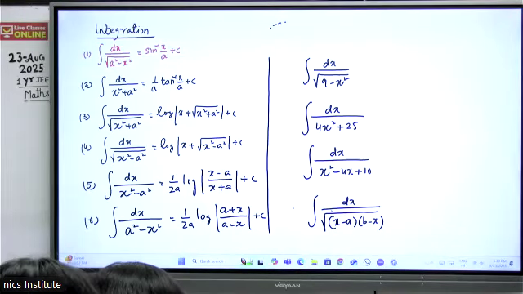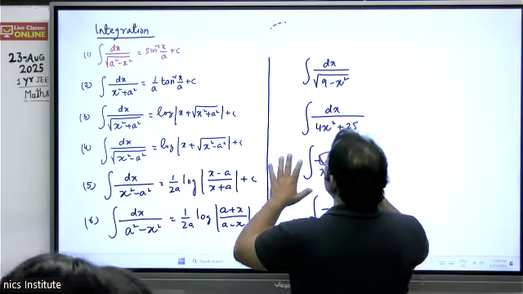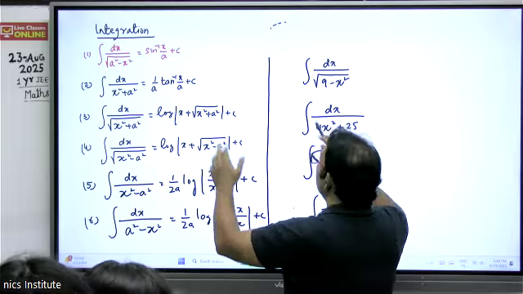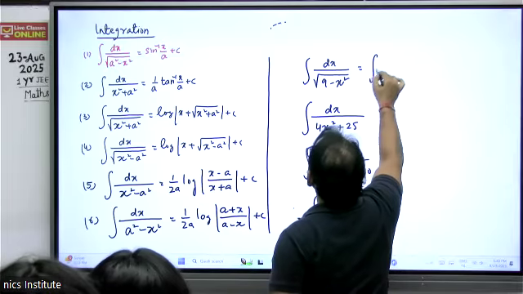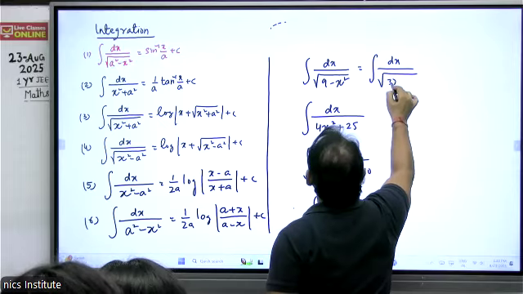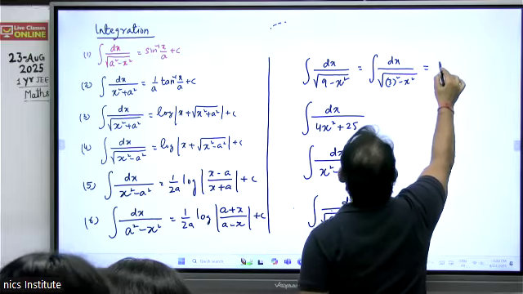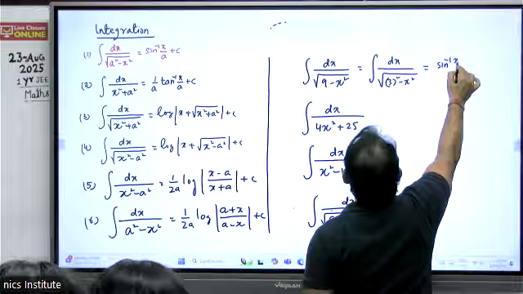So that's what integration is. In the examination, they won't tell you to use integration and use the substitution or use by parts. You have to decide yourself. So that's why we're doing so many questions in the class. Now, in the first question, you can directly apply the formula. Which formula can you apply? The first one, root of 3 square minus x square, and your answer would be sine inverse x by 3 plus c.